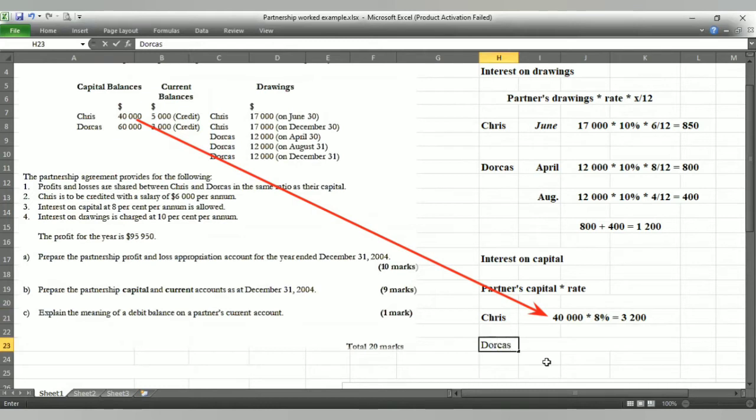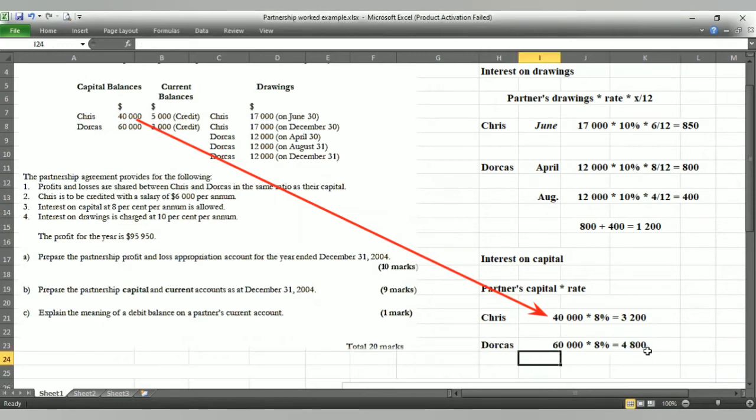So Dorcas's capital is 60,000. We times that by the rate of 8% as given in the question, and we have a value of 4,800 for Dorcas's interest on capital.